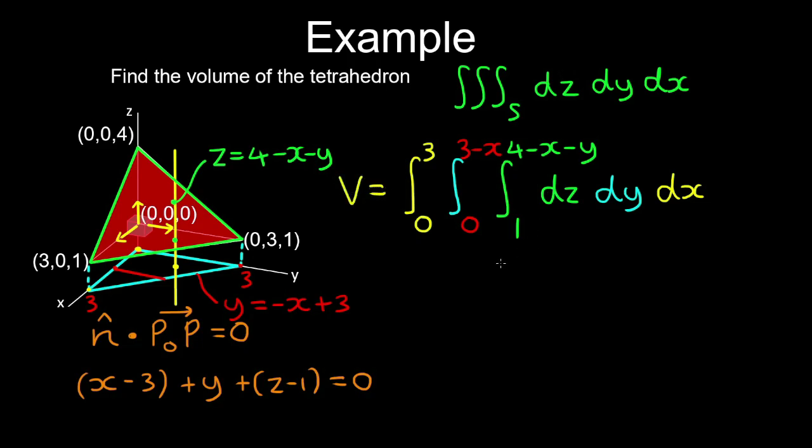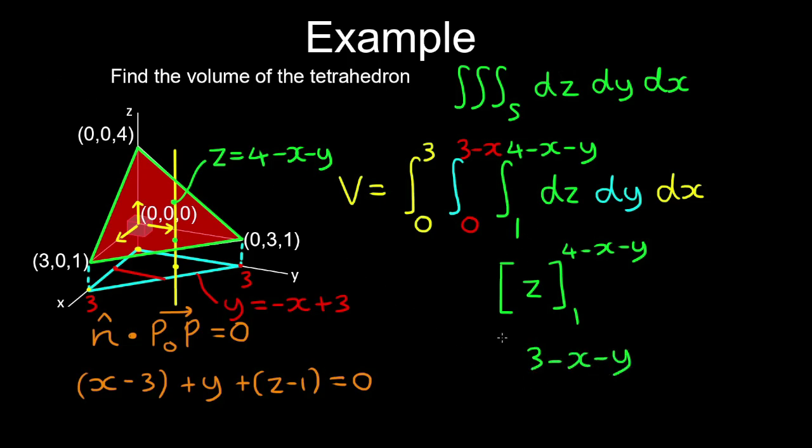So evaluating the inner integral with respect to z, we get z evaluated at z equals 1 and 4 minus x minus y. So evaluating this, we get 4 minus x minus y minus 1, which is 3 minus x minus y.